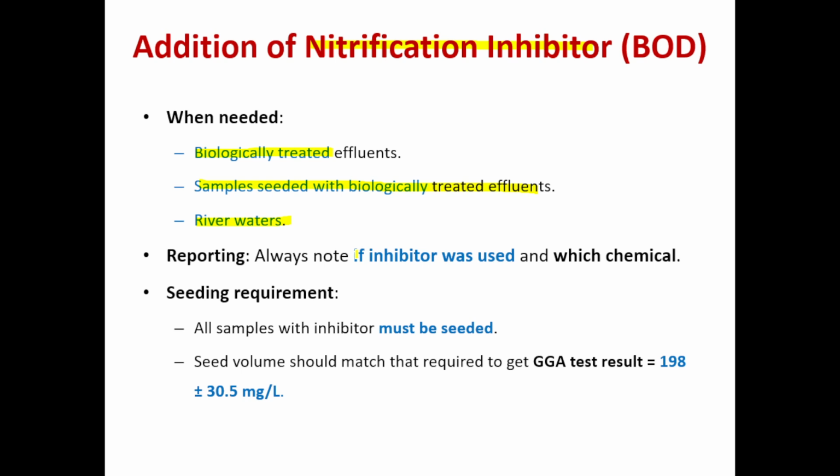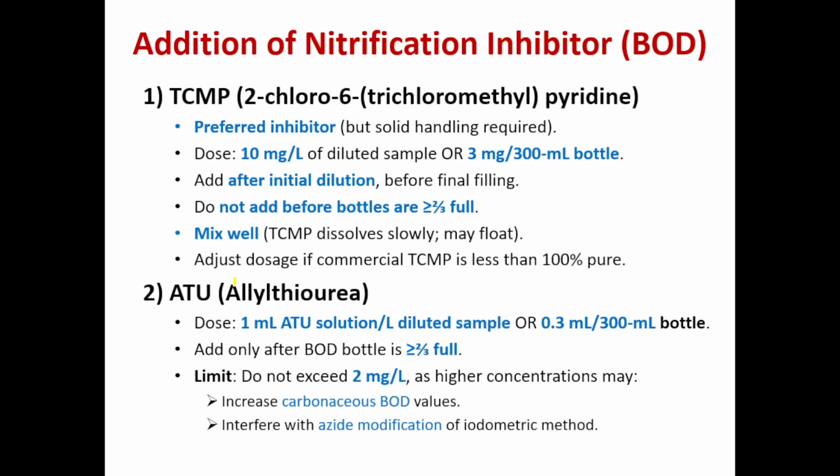Always note if inhibitor was used; we need to report it, and we also need to report which chemical was used. All samples with inhibitor must be seeded, and the seed volume should match the required GGA test result, that is 198 plus minus 30.5 mg per liter.